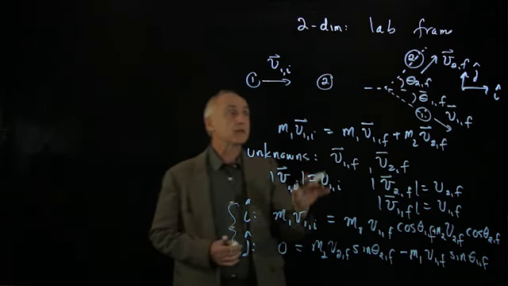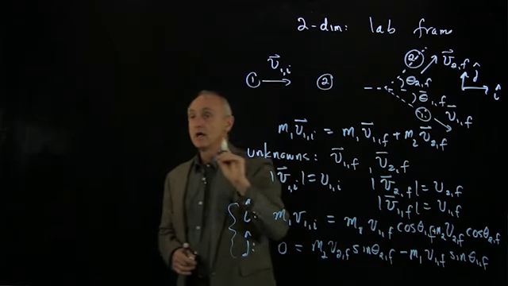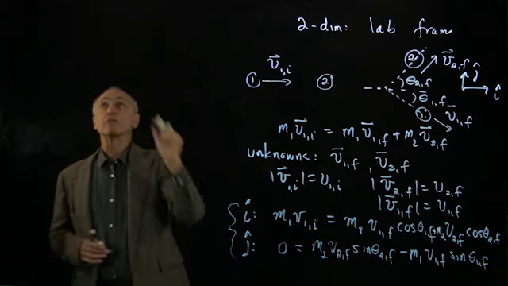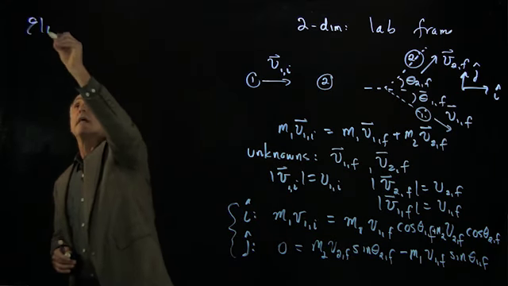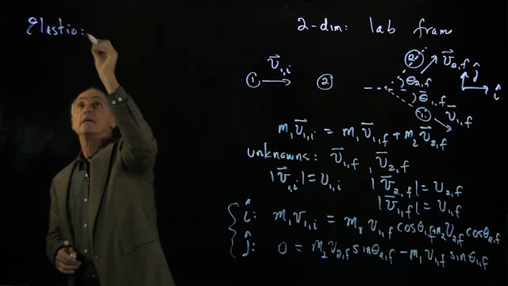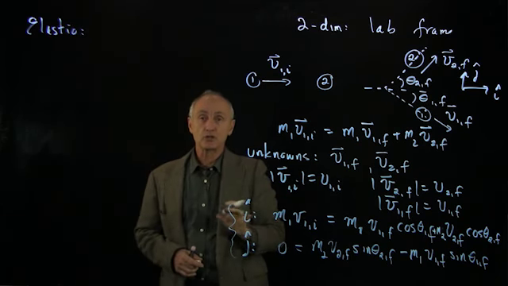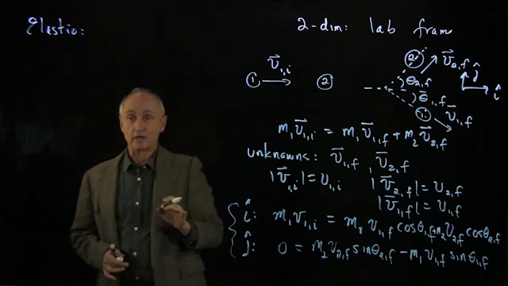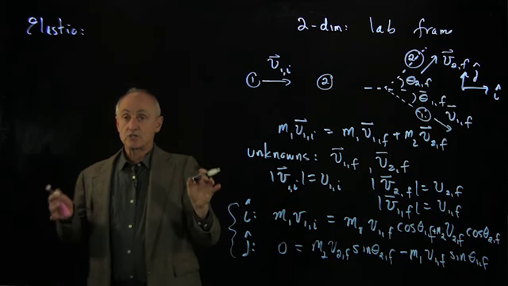Now, let's think about energy. Again, we have to know something about this collision, and our assumption will be that this particular collision is elastic. And that means the initial kinetic energy is equal to the final kinetic energy. Energy is a scalar.